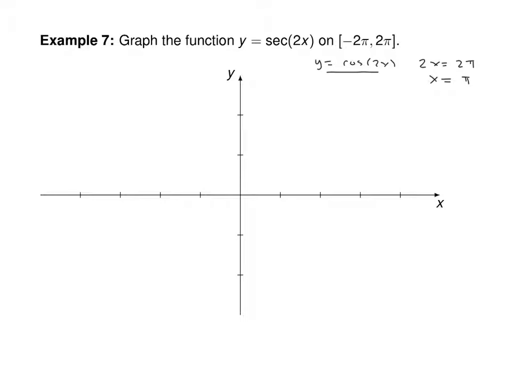What did I just find there? The period. I found out the period of the cosine function. So there's pi, there's 2 pi. Will this cosine function oscillate faster or slower than a regular cosine function? Faster. Great. And it will complete one full cycle in pi.